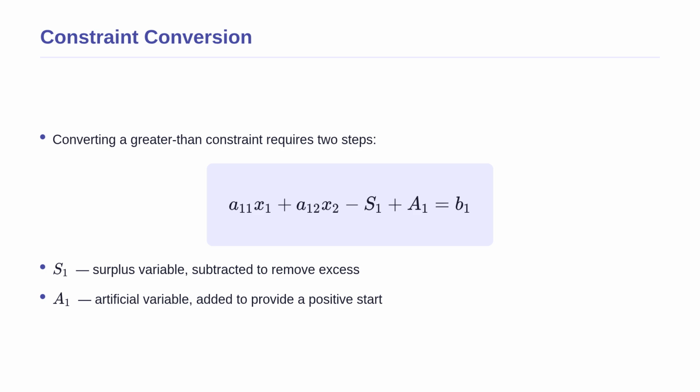To fix this negative starting value problem, we add a brand new term, A1, the artificial variable. This variable has no physical meaning in the real world. It acts purely as a temporary bridge, creating a valid, positive starting point so the simplex algorithm can begin its step-by-step search.